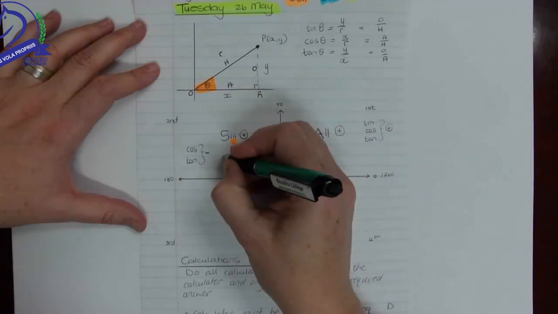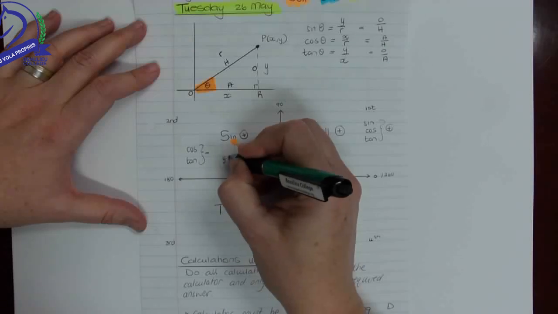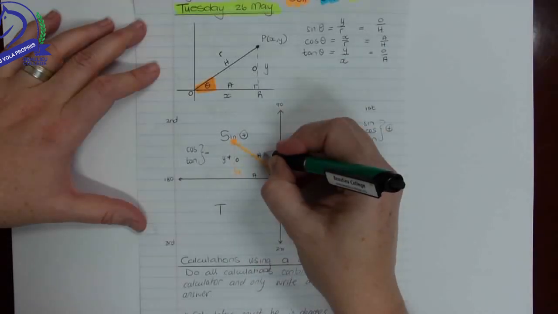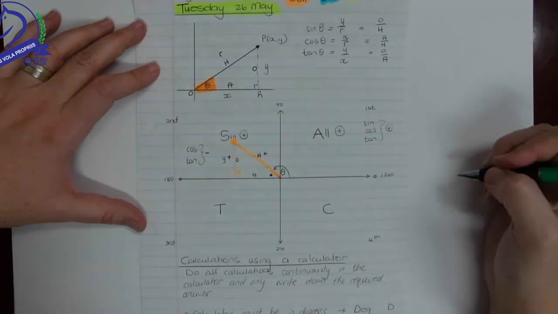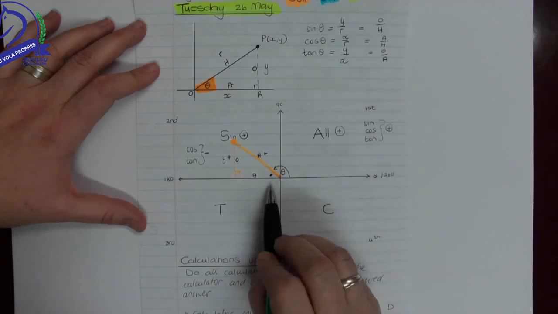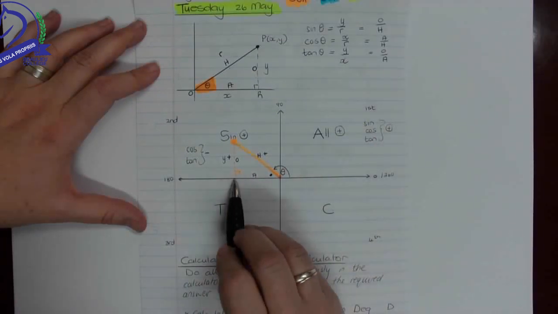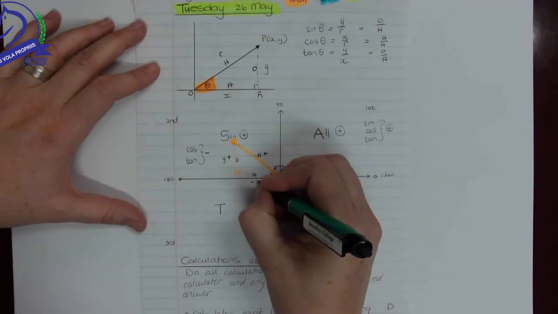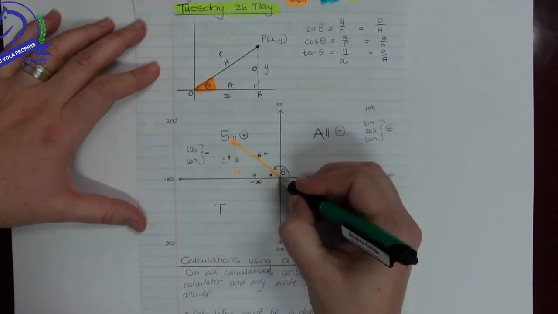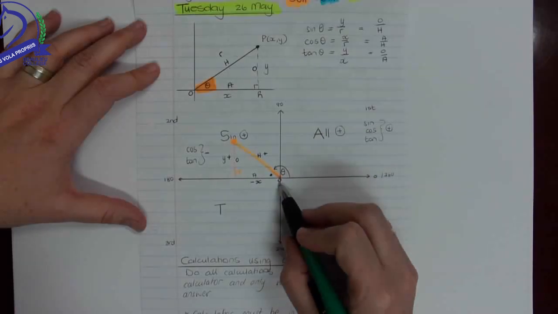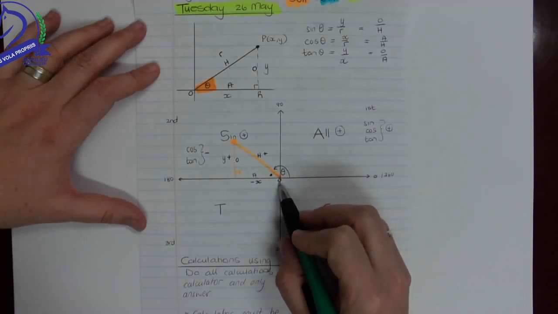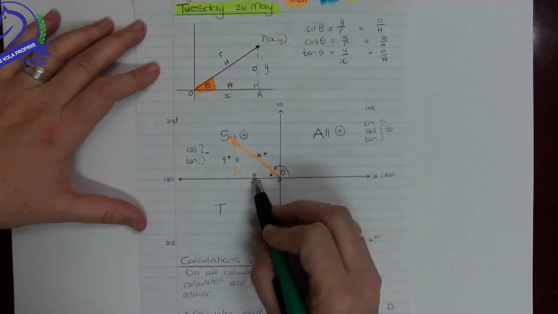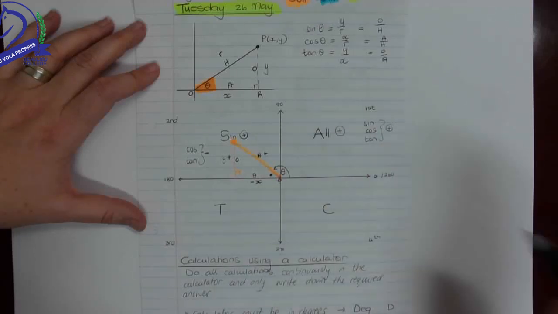My y will be a plus value. My r, or my hypotenuse, is a plus value. But what do you notice about the x side? X will be negative because it's on the left hand side of my 0. So my adjacent value will be negative.